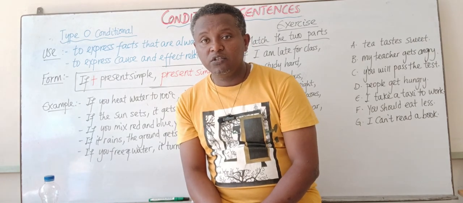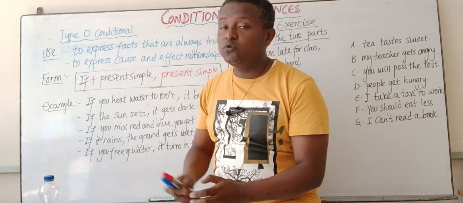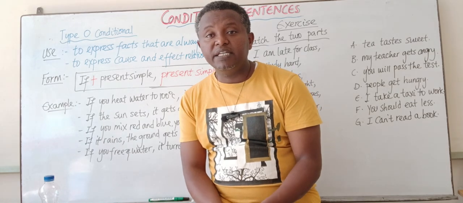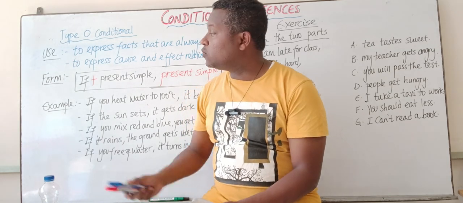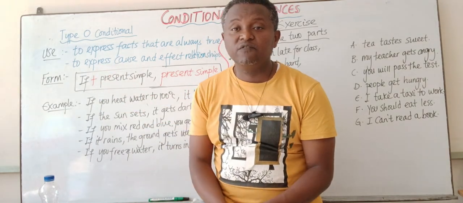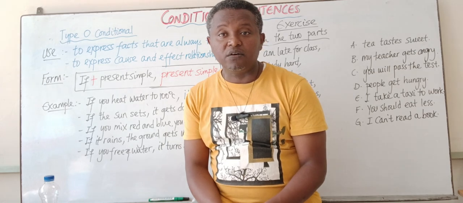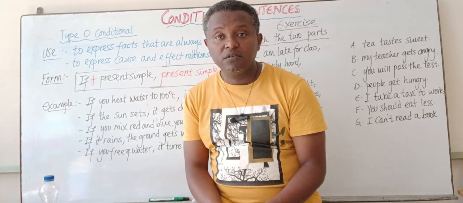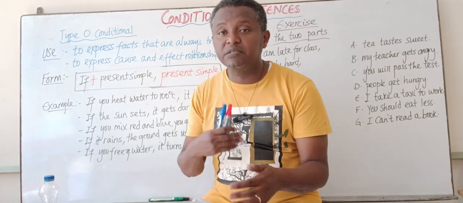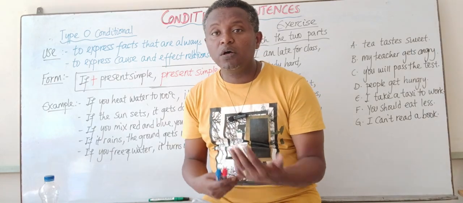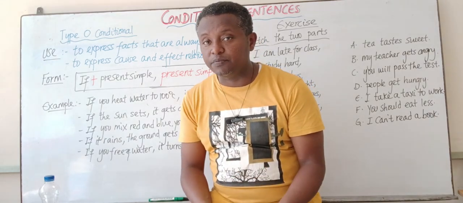So when we use conditional type 0, we are trying to express facts or truths, or to show cause and effect relationships.